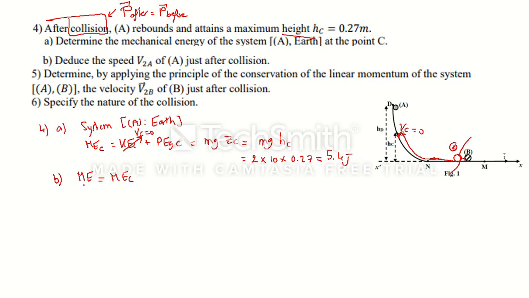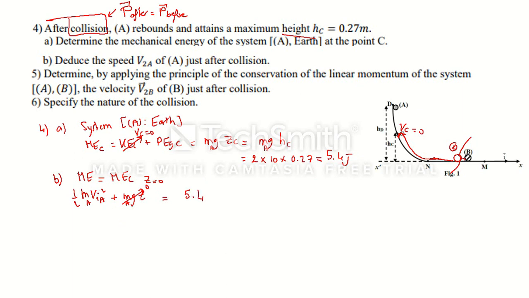And ME here just after will become half mA v2A squared. So this is for the after collision. Plus mgz, and here we are talking about the mass mA. And since there's no height, this will be equal to 0, since z equals 0. This equals ME at the point C, which we just found, equal to 5.4.